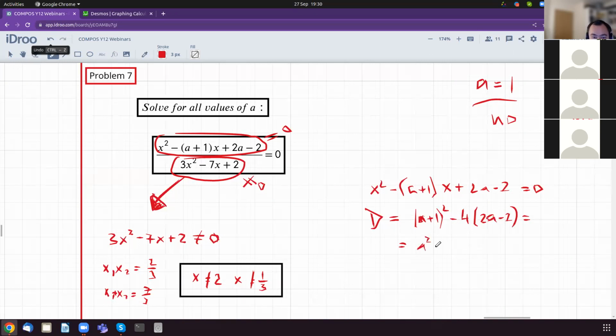It's going to be a squared plus 2a plus 1 minus 8a plus 8, which is a squared minus 6a plus 9, which is (a minus 3) squared.